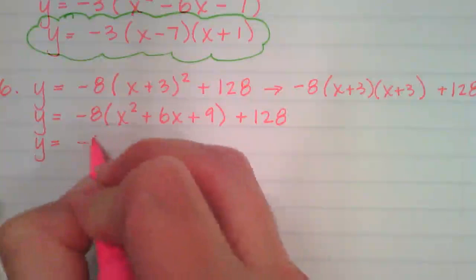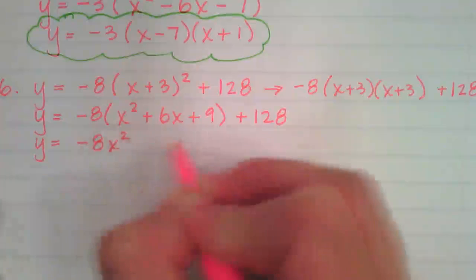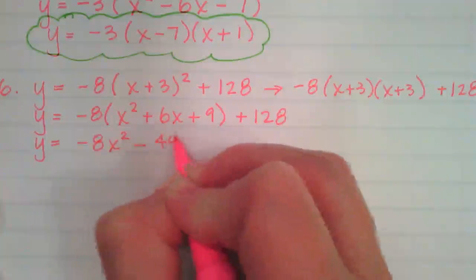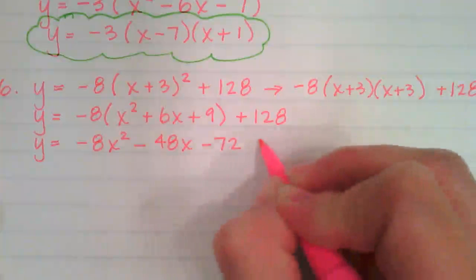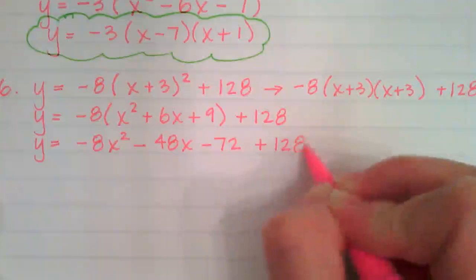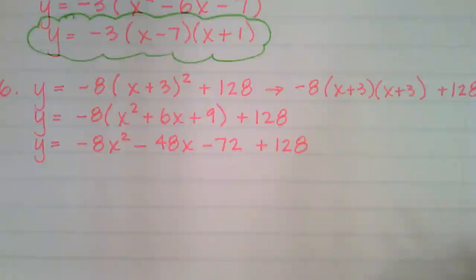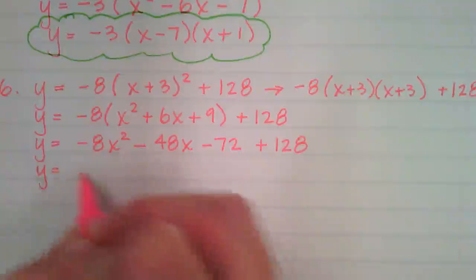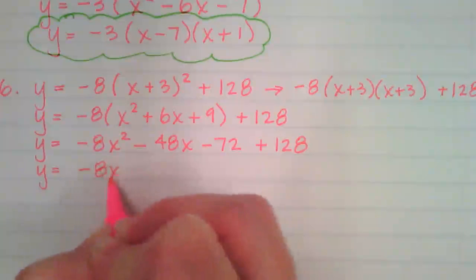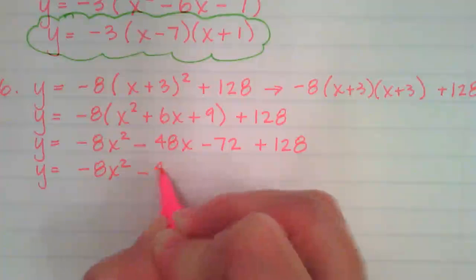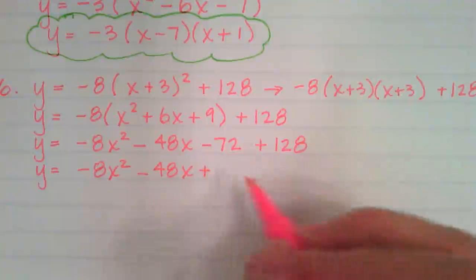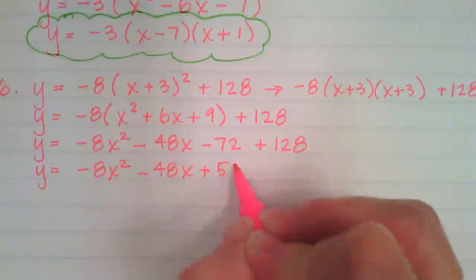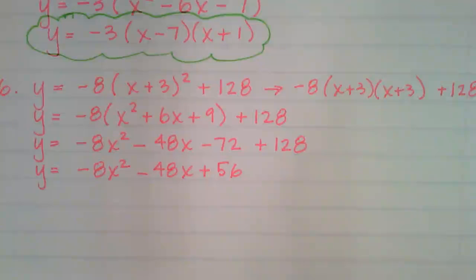So -8x squared minus 48x minus 72 plus 128. And then combine like terms, because I have like terms right here. So y equals -8x squared minus 48x. And if we add these two together, it looks like it should be 56.